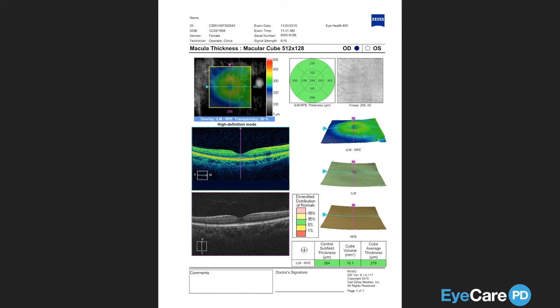Zeiss is one of the few companies that's really gotten their colors correct and provides a very good way to look at it with colors, but as we have learned with further research studies, the grayscale image is really finely tuned for the human eye, and this is now my preferred method for viewing the OCT, again looking at it in the grayscale for the qualitative analysis. Of course, there's a great deal more parts and more information on this sheet, and I'd like to go through a few of those with you.